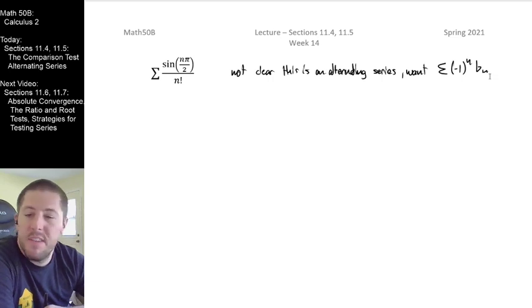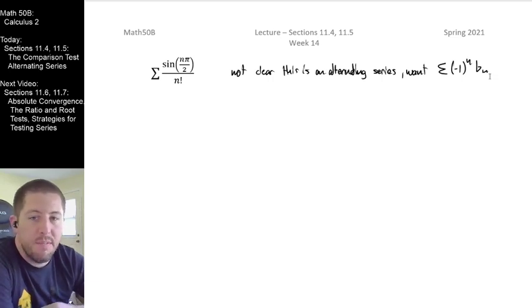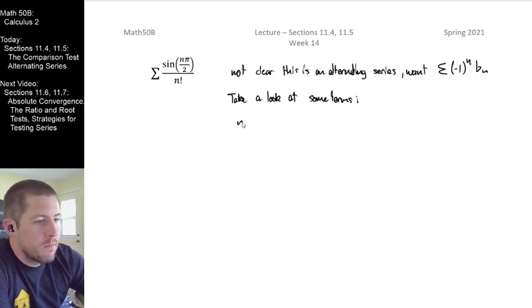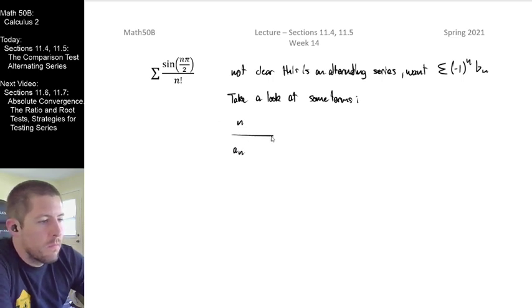So my question is, if this is alternating, it can be written in that form. So let's take a look at some terms and see what this looks like. Let's see what we get here.